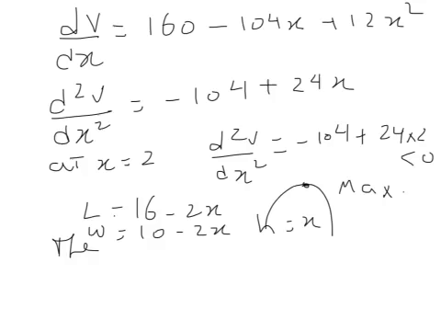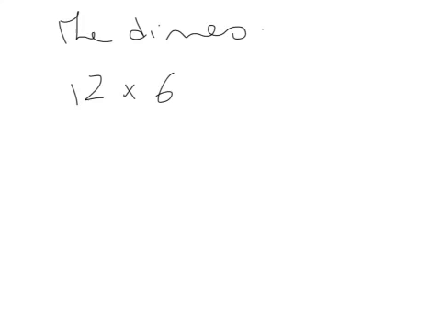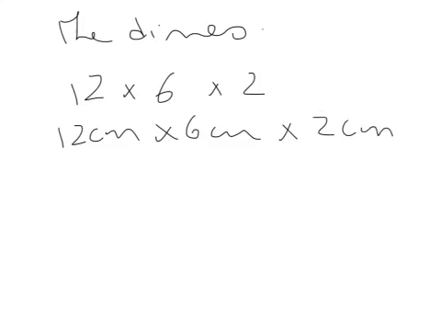So substituting 2 in each of these, the dimensions will be 12 by 6 by 2, or we could say 12 centimeters by 6 centimeters by 2 centimeters. That's after we substituted x equal to 2. And these are the dimensions of the rectangular box. Thank you.